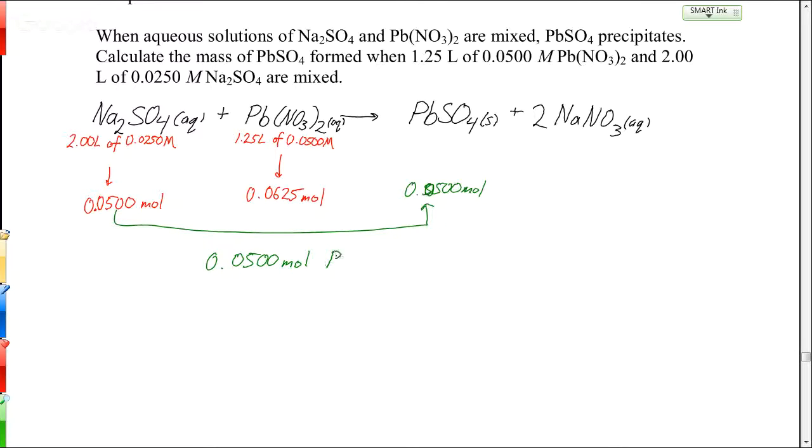So then we can answer the last bit, which is this many moles of lead sulfate times the molar mass. Did anybody get the molar mass of lead sulfate?